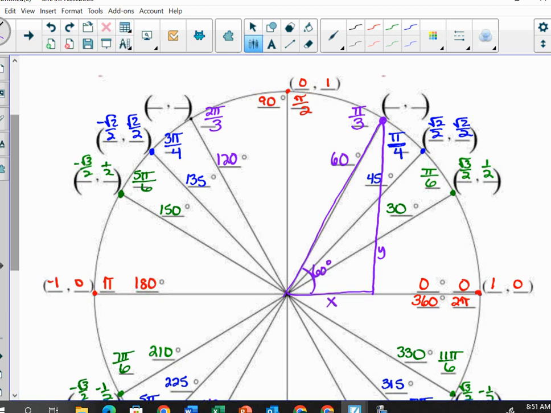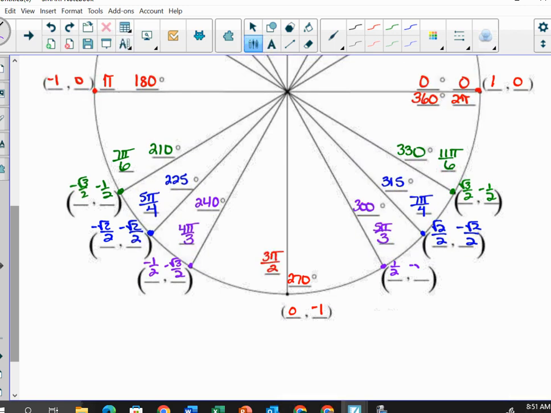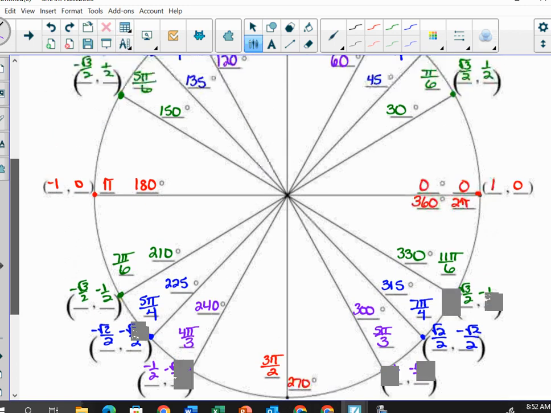Yeah, it's just going to be 1/2, root 3 over 2. And that is your whole unit circle.